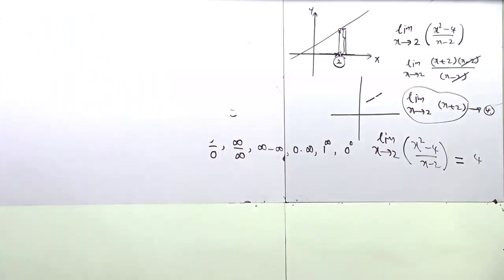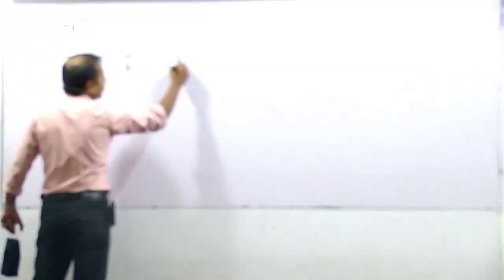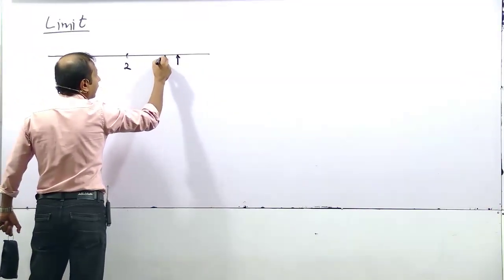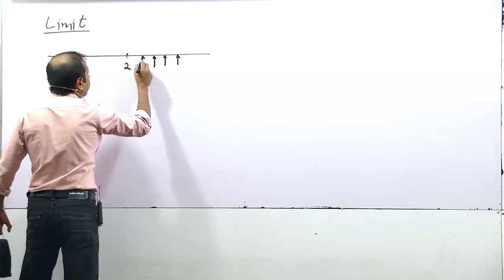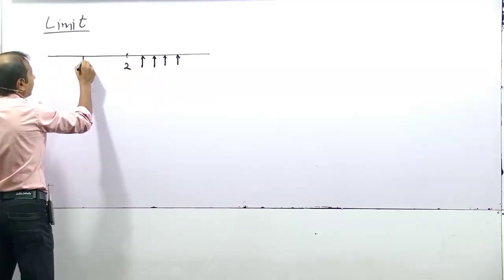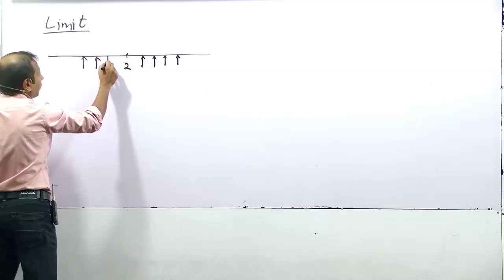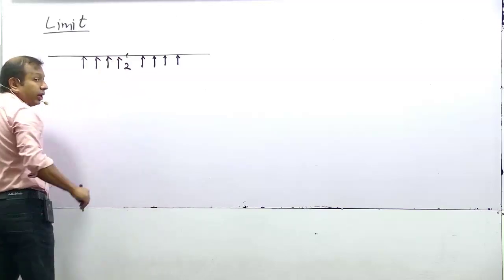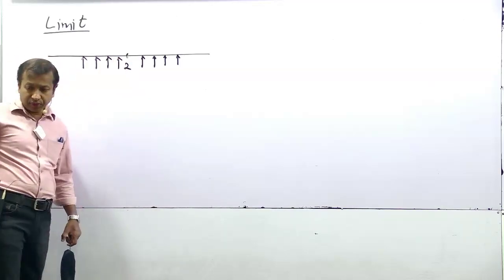Right, write down subordinates limit. Write down like this.